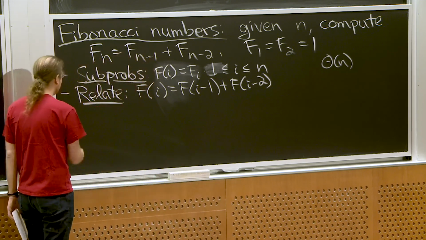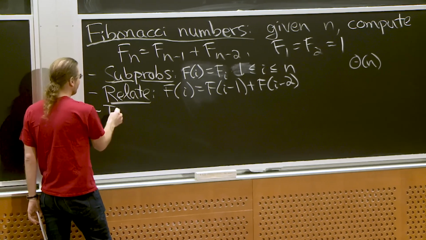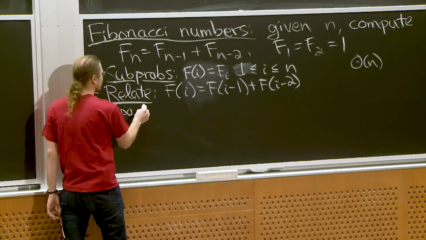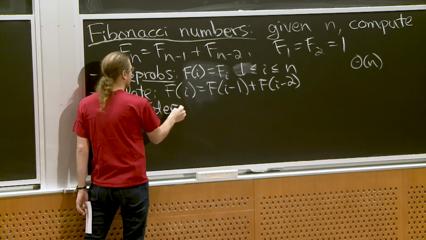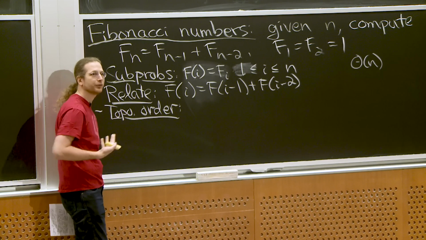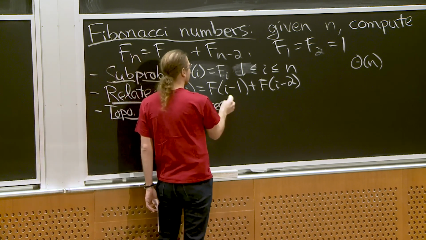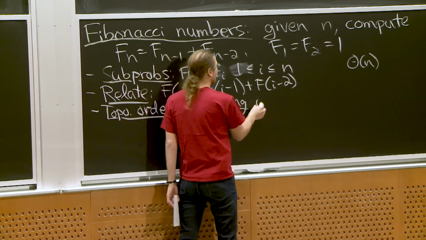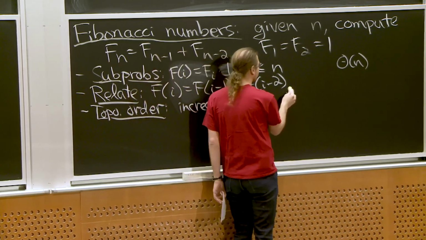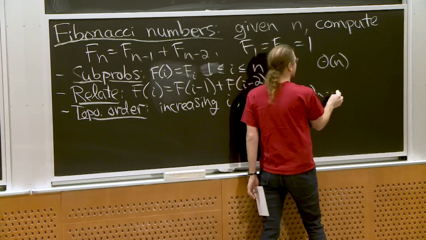That's an algorithm. Next is T for topological order. Here, of course, we just want to compute these in order of increasing i, from the base cases up. Another way I like to write this is as a for loop. For i equals 1 to n.